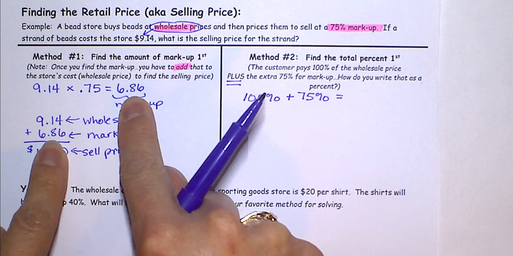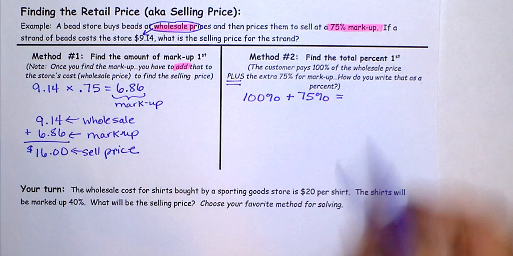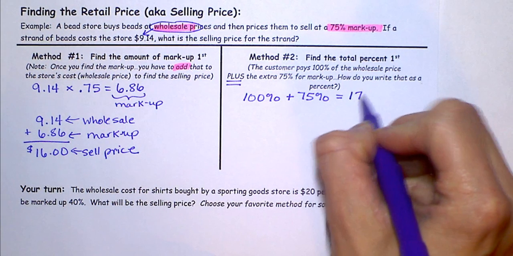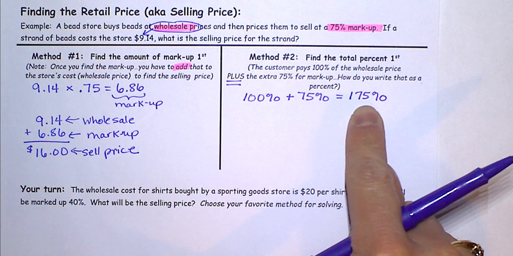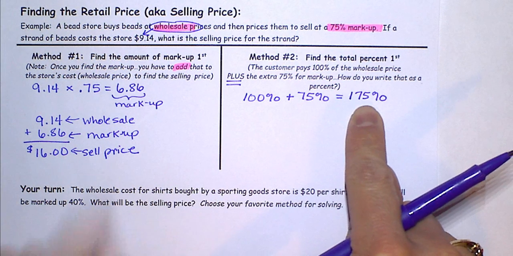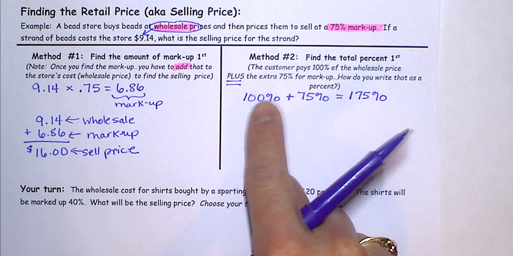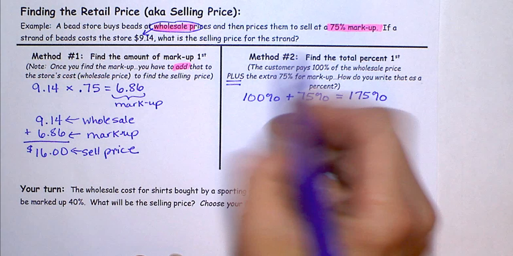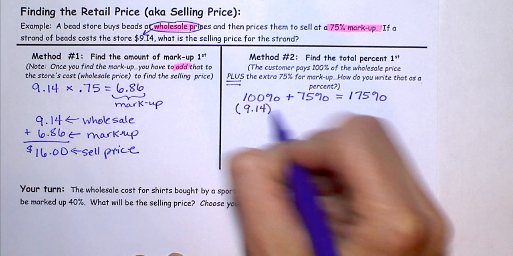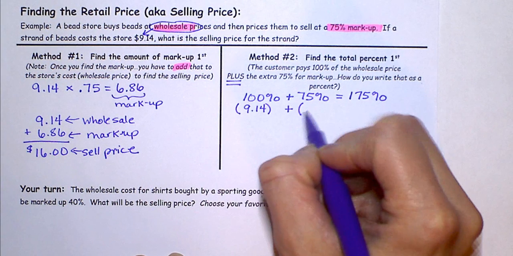as well. So we already did that over here. So technically you are paying 175% of this cost. So keep in mind the 100% is going to represent the $9.14 from the last problem and the $6.86.